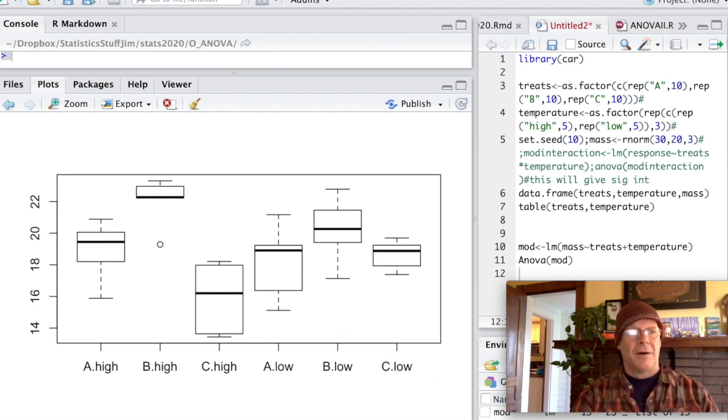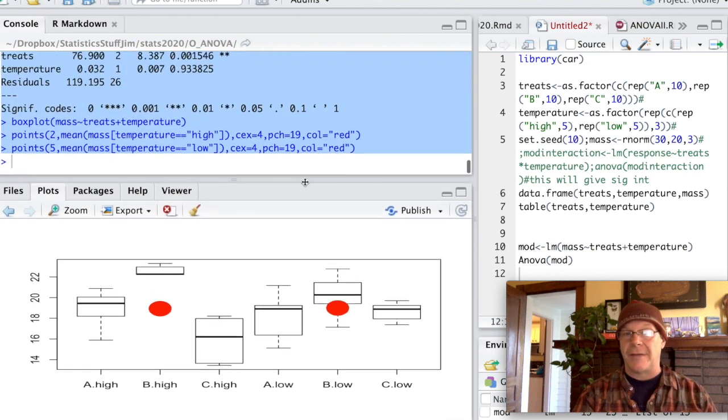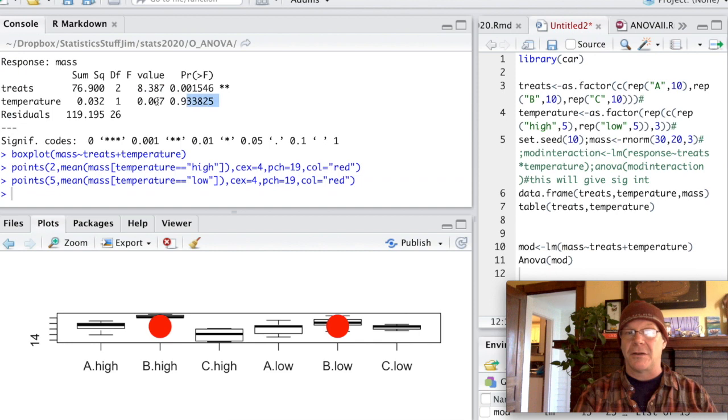And I can go ahead and plot out the mean for the high temperature group across all A, B, and C, and the mean from the low temperature group across A, B, and C. And just by looking at where these means are falling out, it shouldn't be terribly surprising that when we ran the ANOVA, it concluded that temperature is not an important predictor in this model.